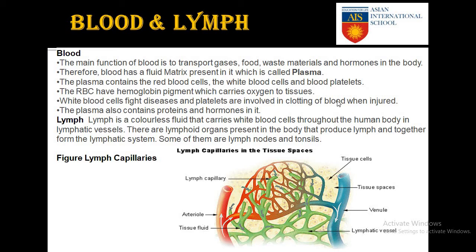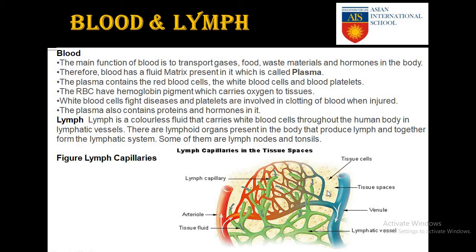Now you can see how this lymph is formed. You can see the lymph capillaries over here. What happens is that when the blood flows through the vessels, it secretes some substances, liquid fluid-like substances, which channelize into one duct known as the lymphatic duct, where the lymph is present.